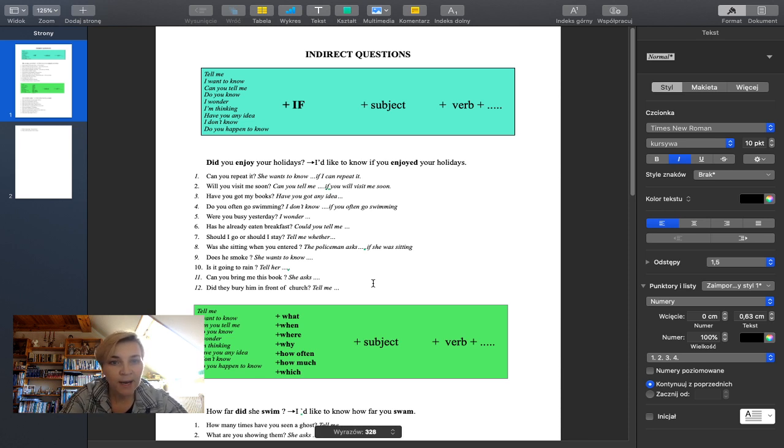So now have a look at number 9. I wonder if you know how to make this sentence correct. So of course, if, no doubts.